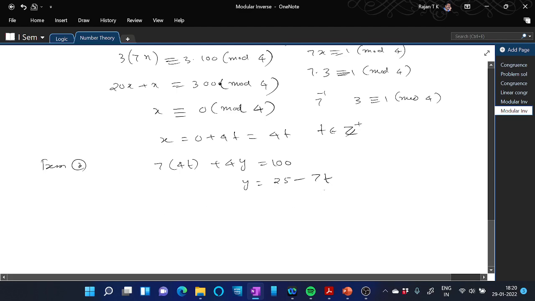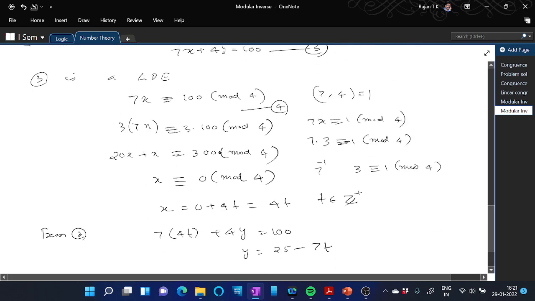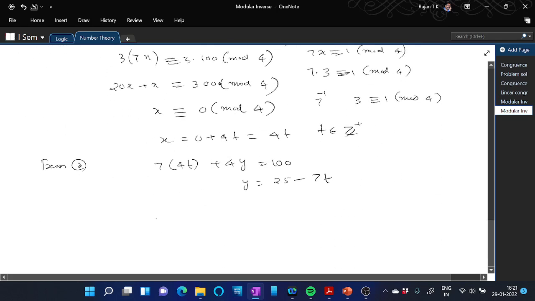Now substituting the value of x and y in x plus y plus z is equal to 100, we get 4t plus 25 minus 7t plus z is equal to 100, which gives you z is equal to 3t plus 75.